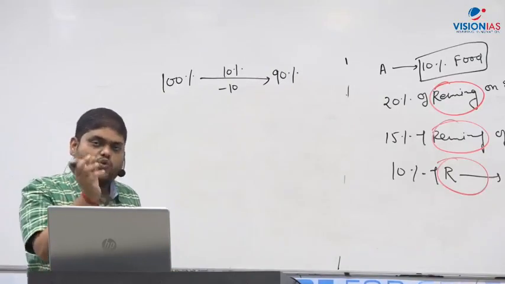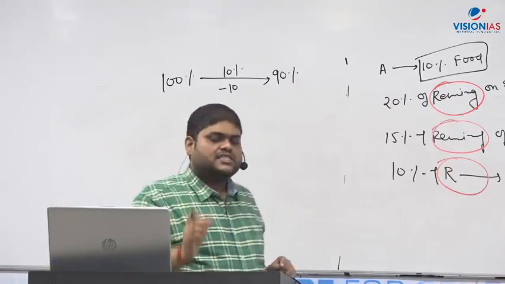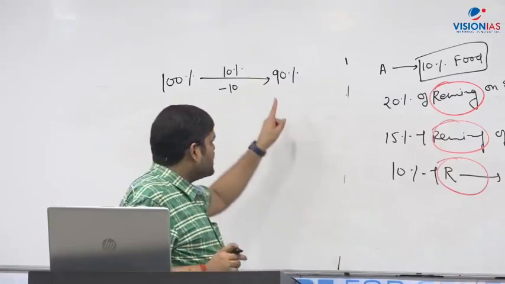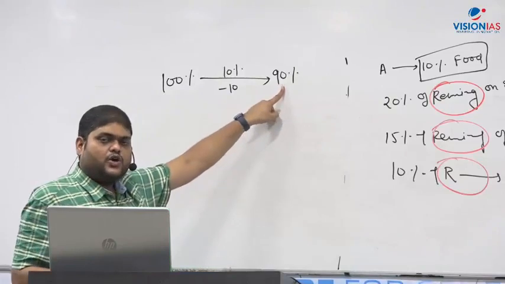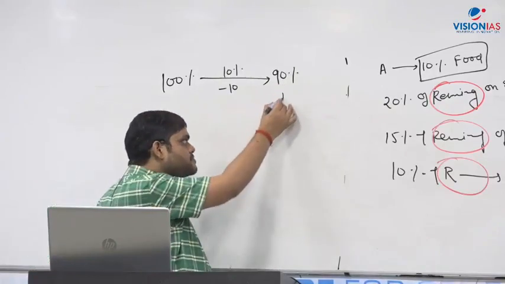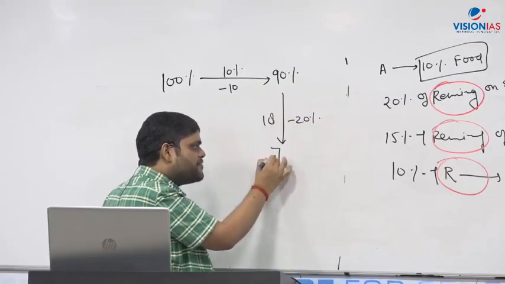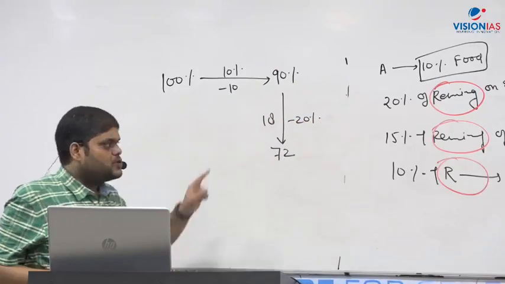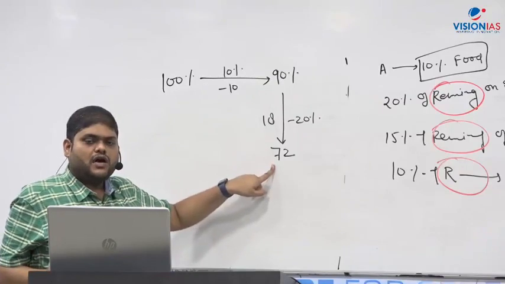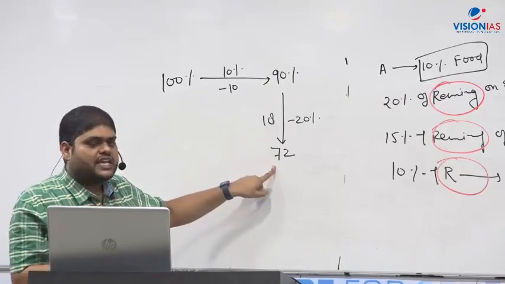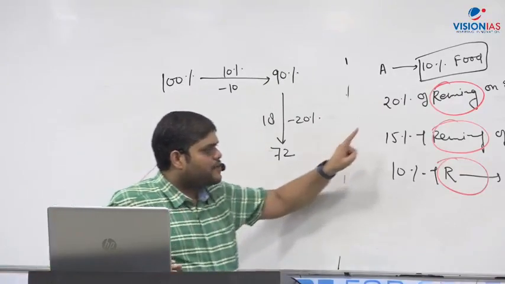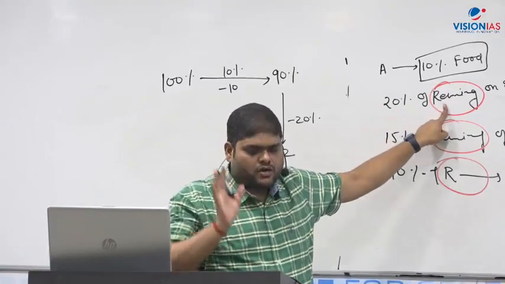The 10% is 9, 20% is 18, and if you subtract that, you will get 72. If you look very closely, this is the case of successive decrement, or not?